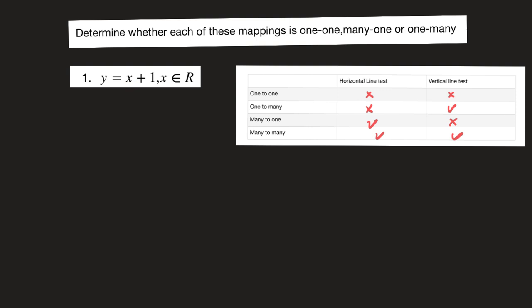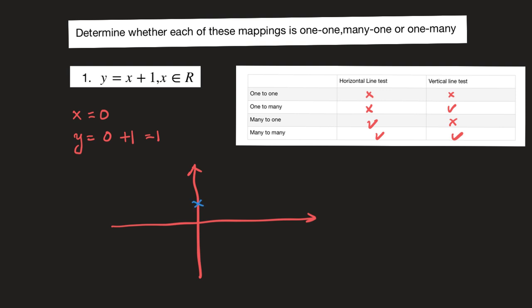To draw this graph, we can say that x is equal to 0. To find y, we substitute x as 0, and then plus 1, which equals 1. So this is the point we get. And x is 0, y is 1, meaning it is here.